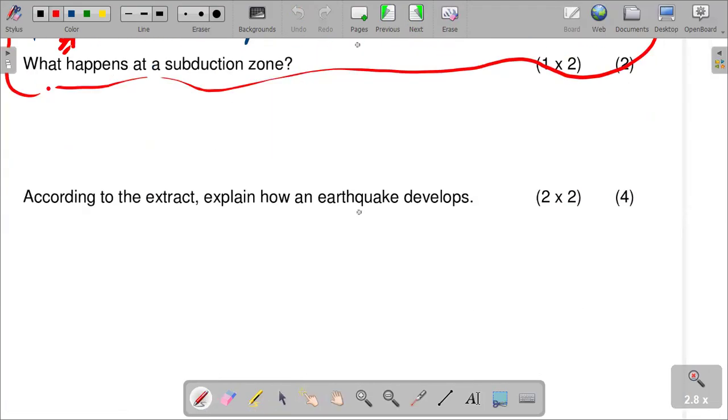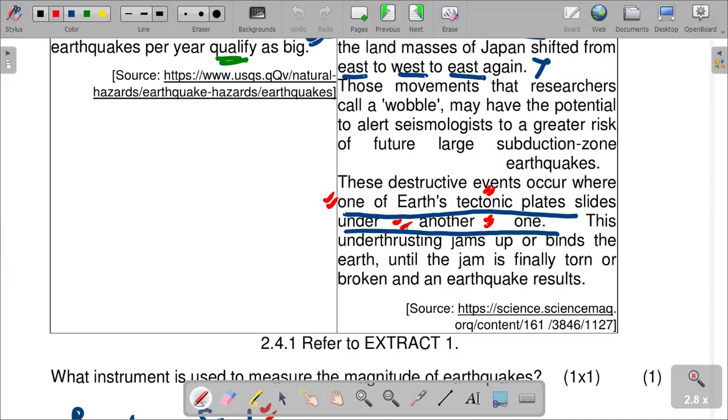And then according to the extract, explain how an earthquake develops. The underthrusting jams are where one tectonic plate slides under another. This underthrusting jams up or binds the earth until the jam is finally torn and broken and an earthquake results.